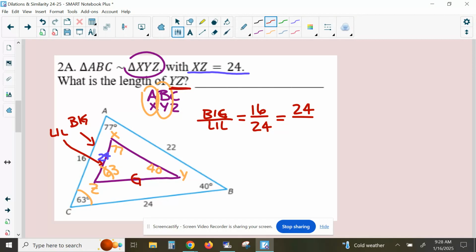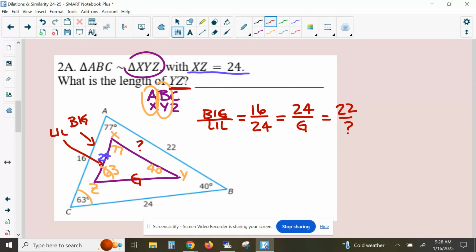G. Who's the third side on the big? 22. And do we know anything about this matching side? No, we don't know. I'll just put a little question mark because we don't know that one, right? You can pick a variable, put a question mark, do whatever, but I think we don't actually have to solve for that one because we want to find the length of this G that we called.